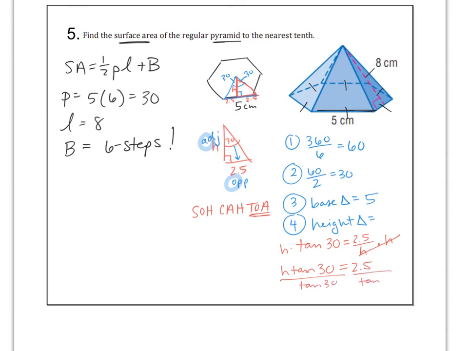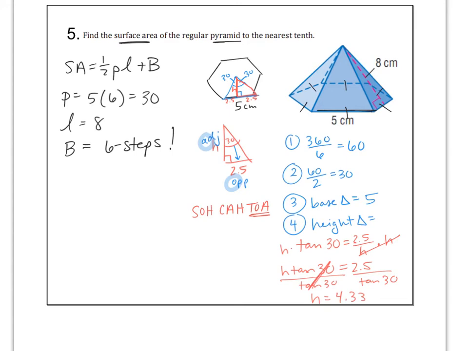So these cancel out, and our height, 2.5 divided by tangent 30 should be about 4.33. Please check that on your calculator. Make sure your calculator is in degrees when you do SOHCAHTOA.